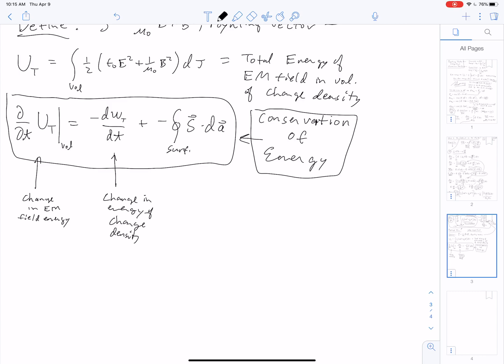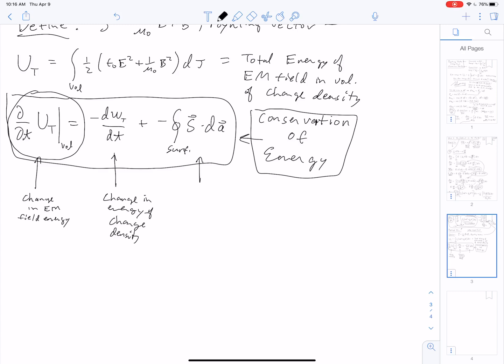But then there's something else. There's this. And this is a really strange expression, because what we have here is power. We ask ourselves, the first expression, dU dt, is the energy in the electromagnetic field in the volume.